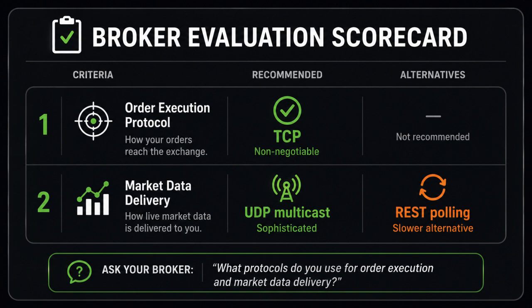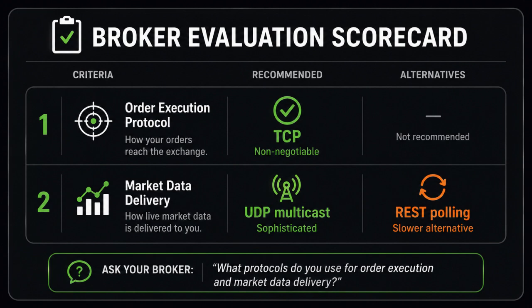But how they handle market data delivery is more revealing. A broker delivering live price data over a well-engineered UDP multicast feed is making a deliberate, sophisticated engineering decision optimized for speed and scale. A broker still polling REST endpoints for live prices, which we covered in Day 7, is essentially reinventing a slower wheel.